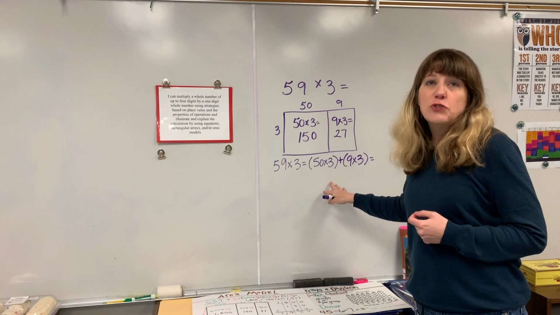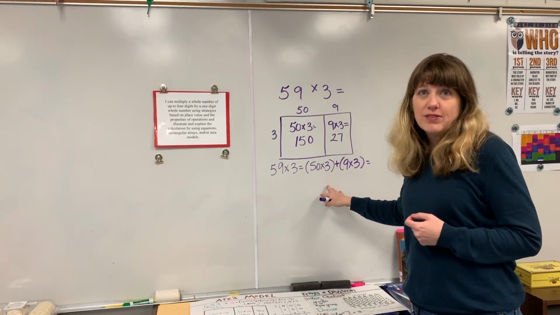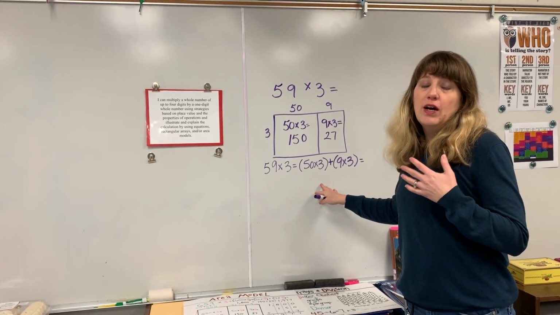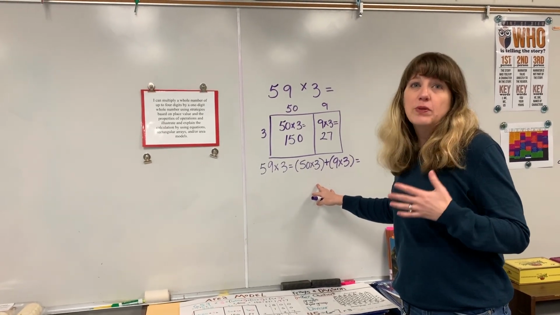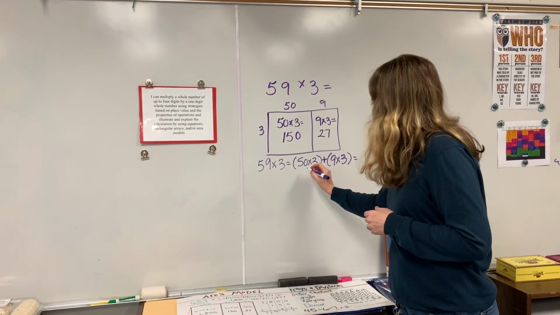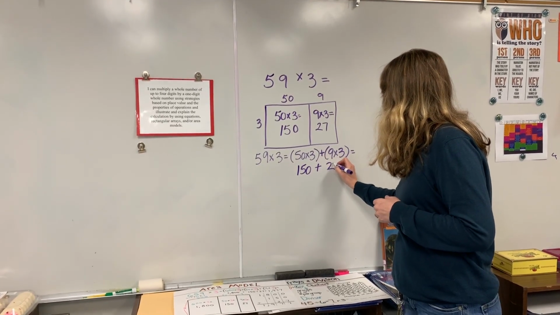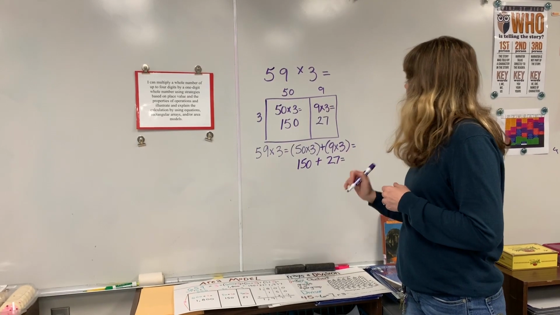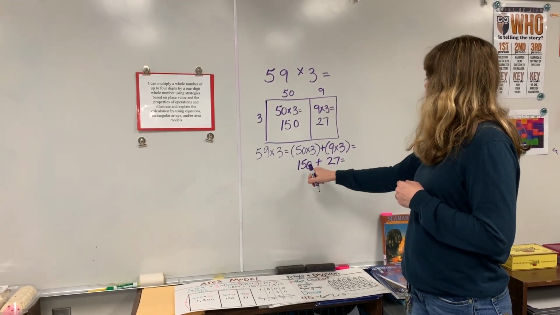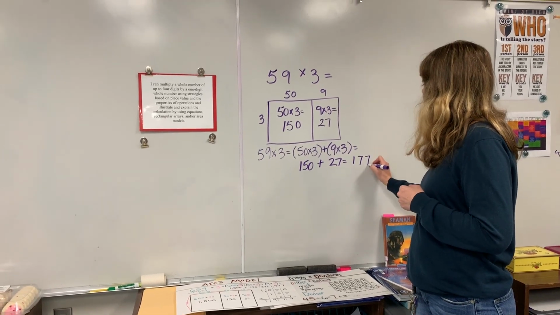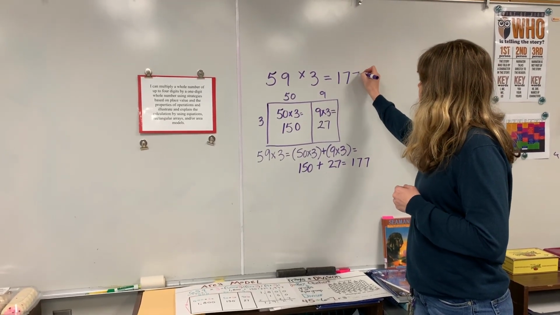This is what's called the distributive property in mathematics, and it's going to be really important to them as they advance through 5th grade and middle school and beyond. 150 plus 27, and then we add those together, which of course is 177. So that is the answer.